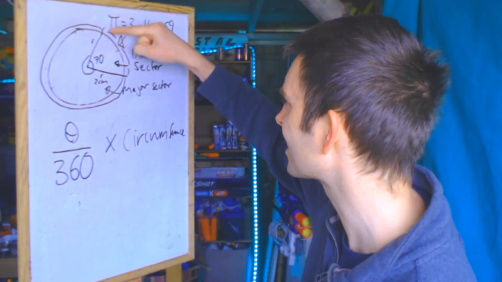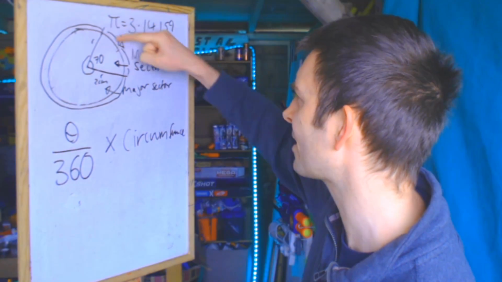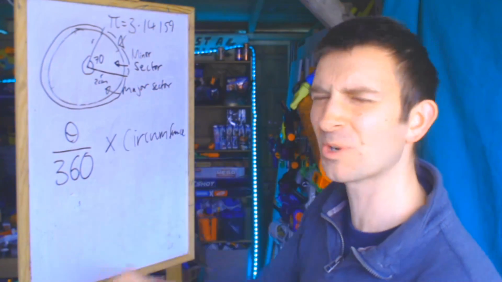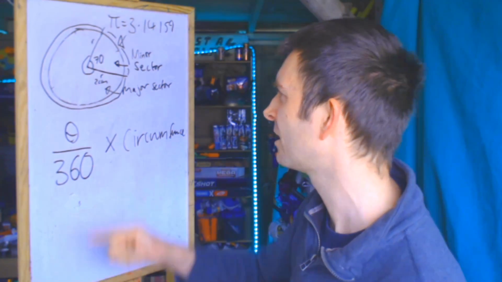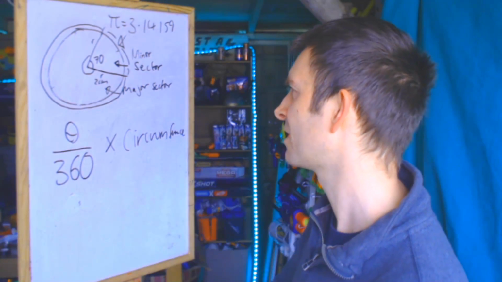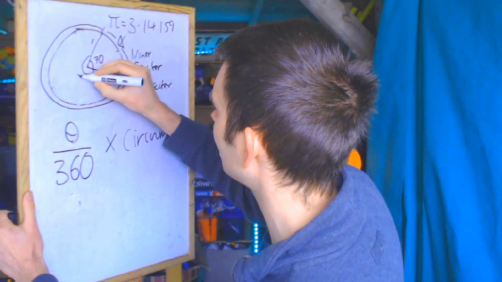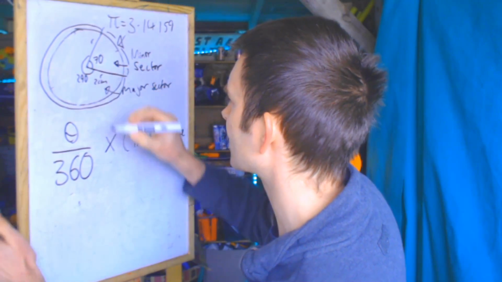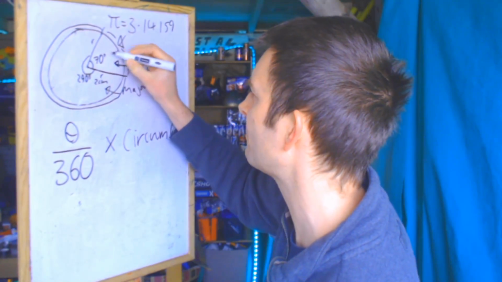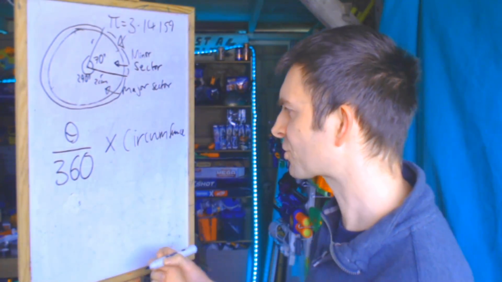And that should get us the length of this arc. It'll get us the length of the minor arc. If you wanted to work out the length of the major arc, then you would take this angle here, which is 360 minus 70, would be 290 degrees there. But we don't want that. We want this bit here. So let's try that, shall we?